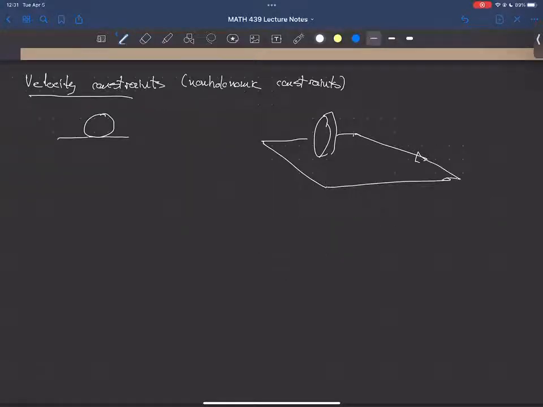And so we had just a disk rolling in a line, and it had a coordinate x and a coordinate theta, and then we had our rolling disk example, which we looked at before, and the way I labeled my coordinates is I had my angle going this way, phi, and then a rotation angle like this, theta.